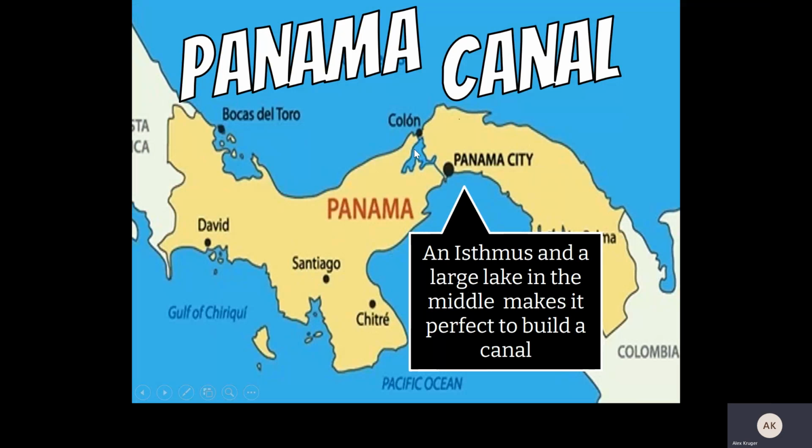And after we funded the rebellion, then we moved in and bought this land and built the canal. I think that's how it all went down. Kind of an imperialist move by the United States.